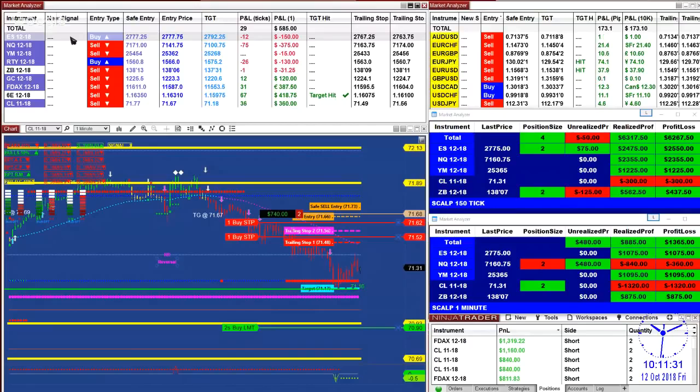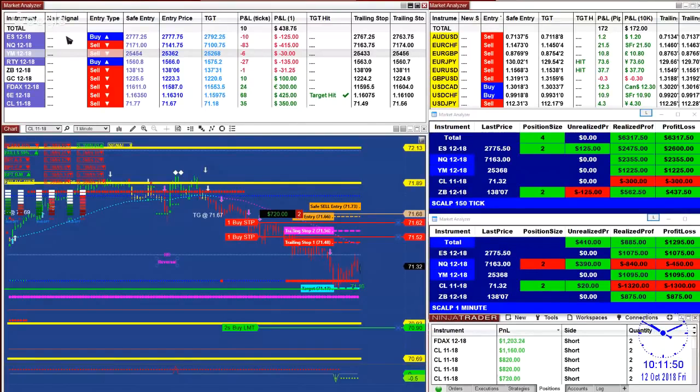Fair enough. But then the Nasdaq and the YM have not turned around from the short to the long. That is a problem. So one of them is wrong. It could be the Nasdaq and the YM are going to drag the ES to the short direction, or the ES is going to drag both of those markets to the long direction.